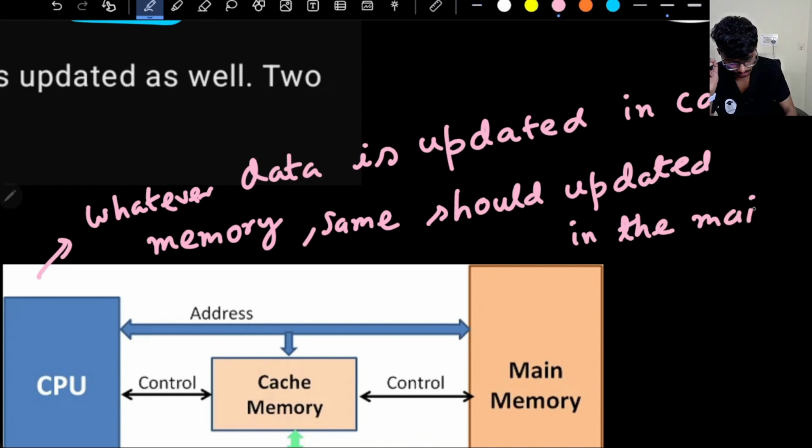Okay, so this is the main crux of the concept.